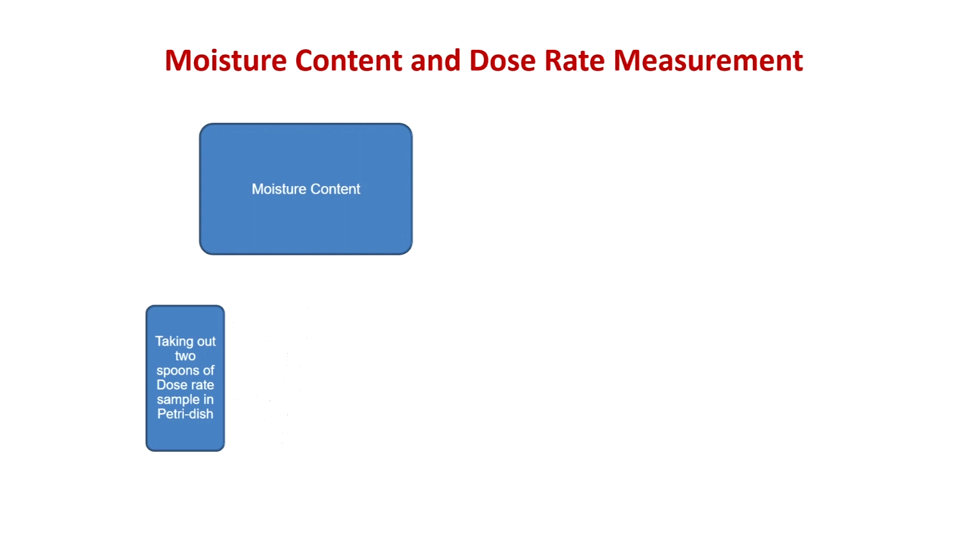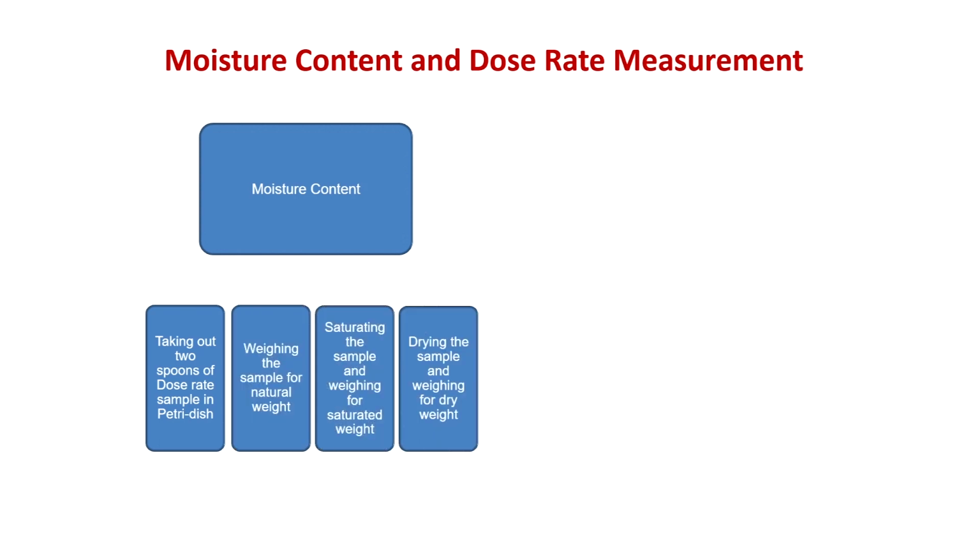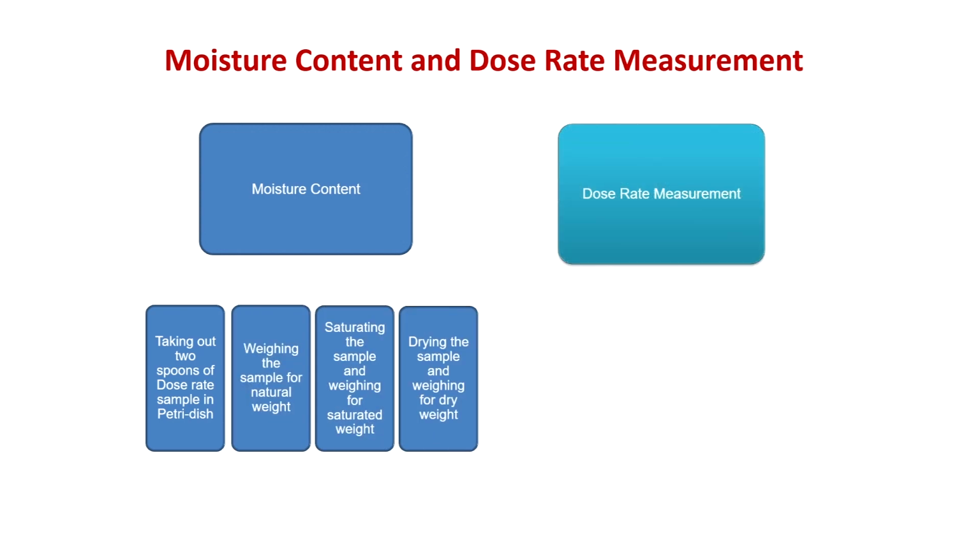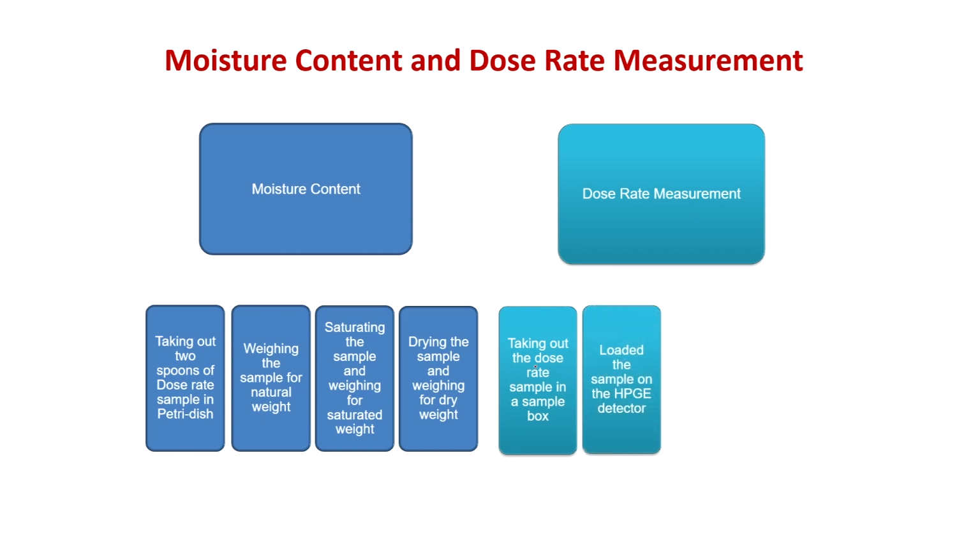illuminations, okay. So, we also take care of the moisture content, which is used in the calculation of the age. Then for the dose rate measurements, we take the dose rate sample in boxes and keep it for 21 days to stabilize the radiation.